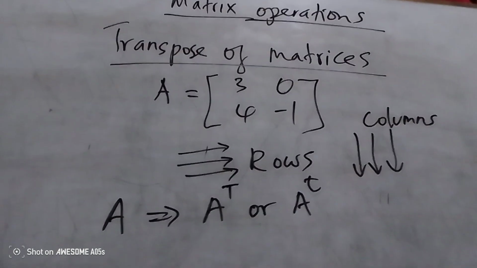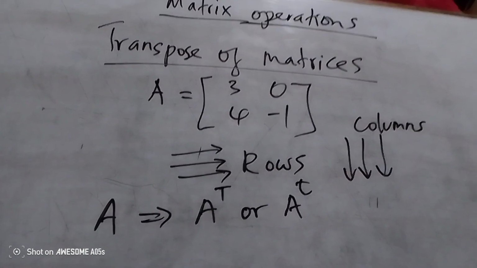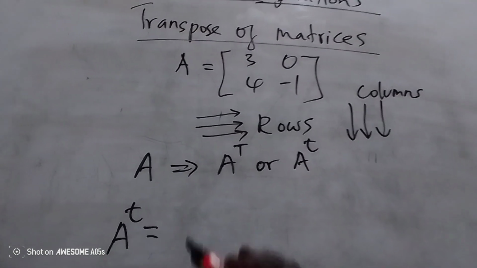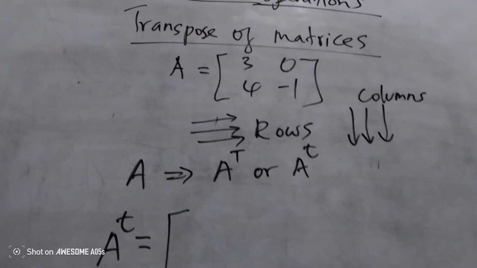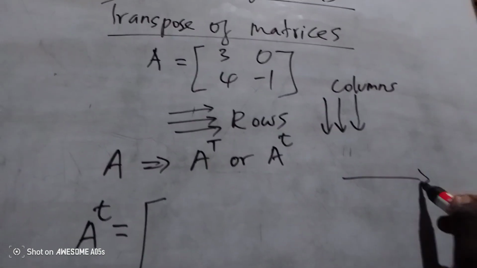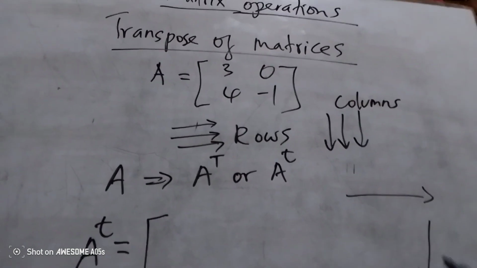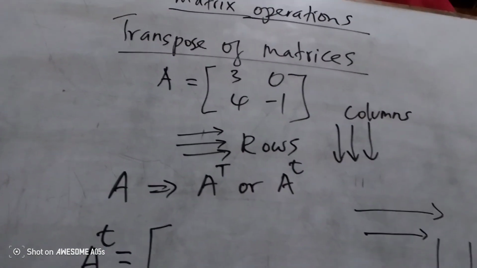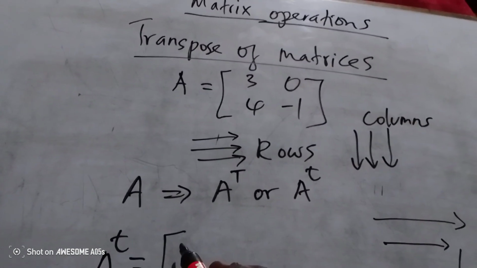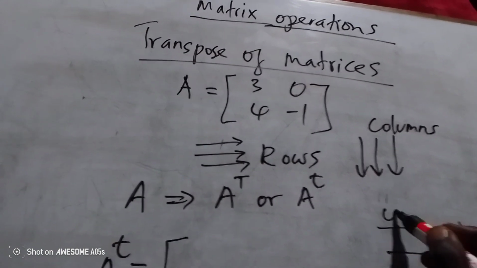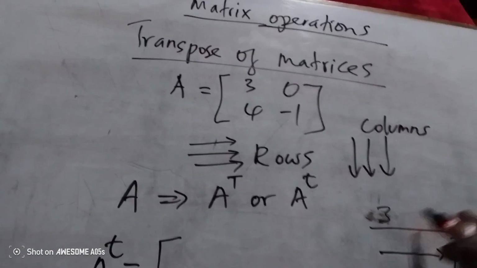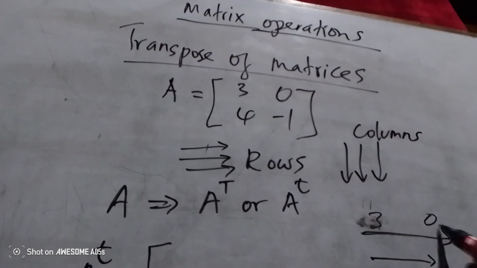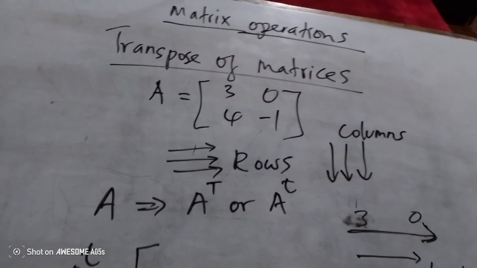So if you look at that matrix A, if we want to write the transpose of A, this first row is going to go down and become the first column. And the second row will become the second column. So we have 3 and 0, which was the first row, so let it become the first column.